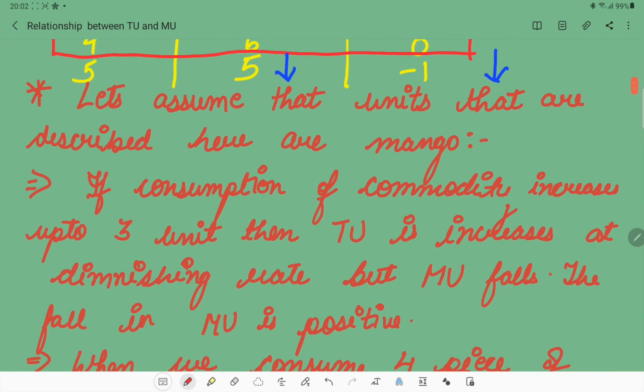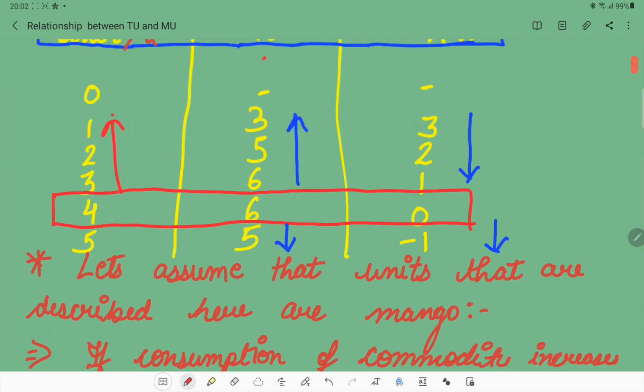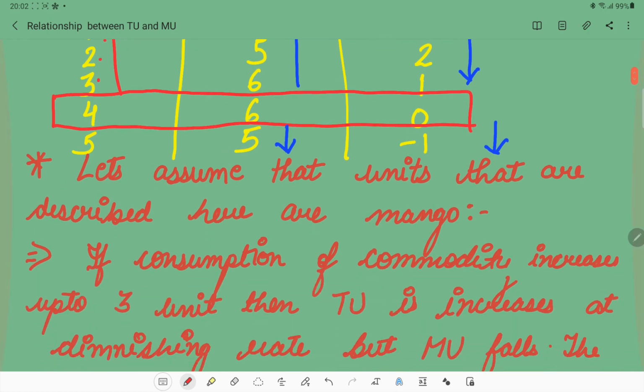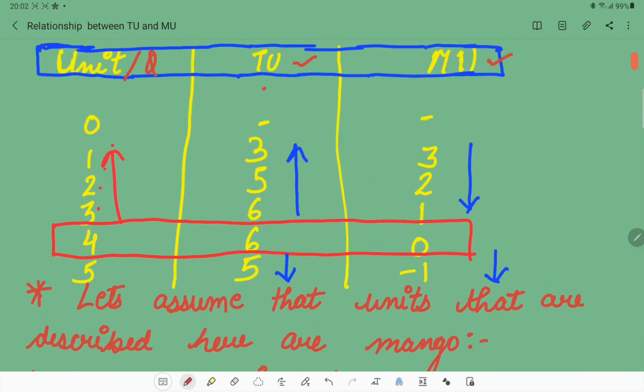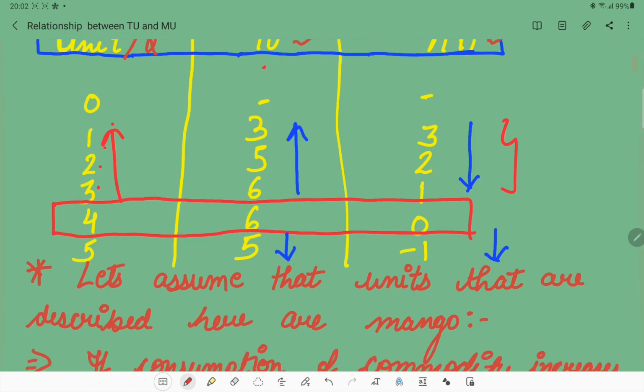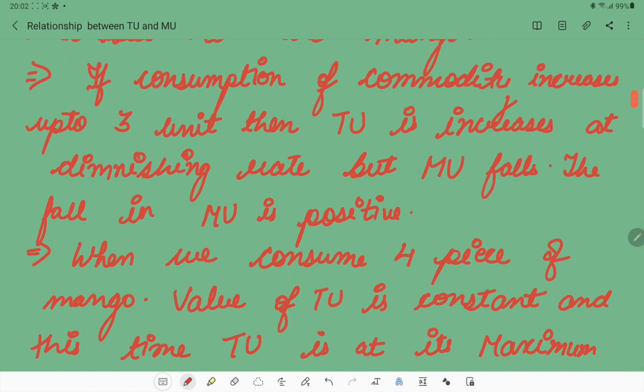So the first thing is that if consumption of the commodity increases up to the third unit, then TU increases at a diminishing rate, but MU falls. The fall in MU is positive, it is not negative. So MU is decreasing, but TU is increasing, like 3, 5, 6, at a diminishing rate.